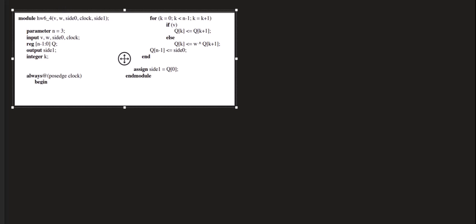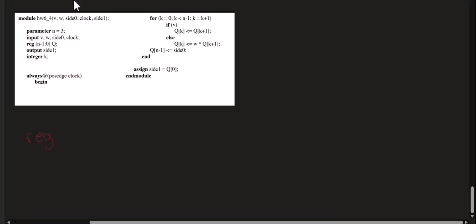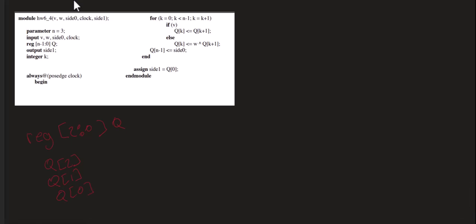When we look at this, we see parameter n equals 3, and we've got reg n minus 1 to 0 q. That's the same as saying reg 2 to 0 q, so we have q2, q1, and q0. We have output side 1, and we have integer k, which is going to be used for the for loop.